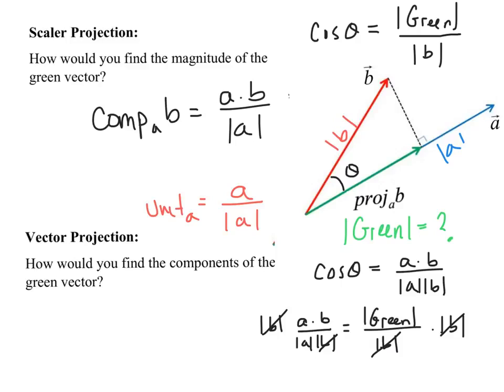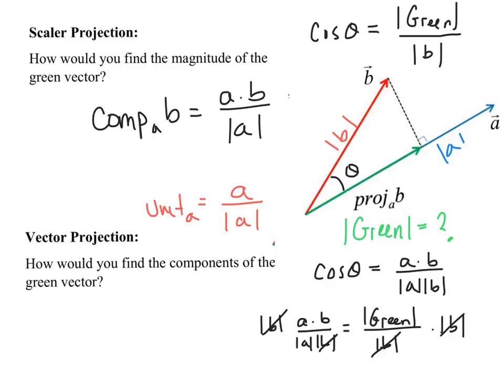So if I want to take my vector A and make it the length of the green, I simply will multiply this scalar times the unit vector.